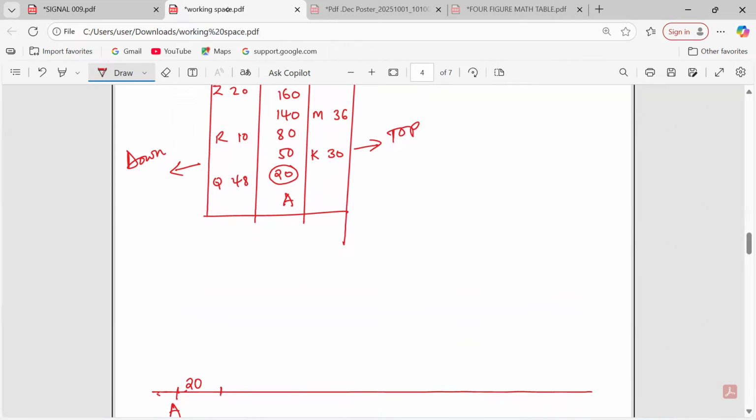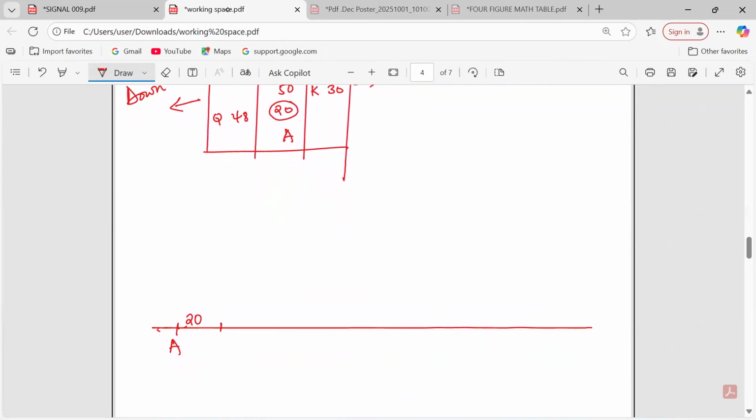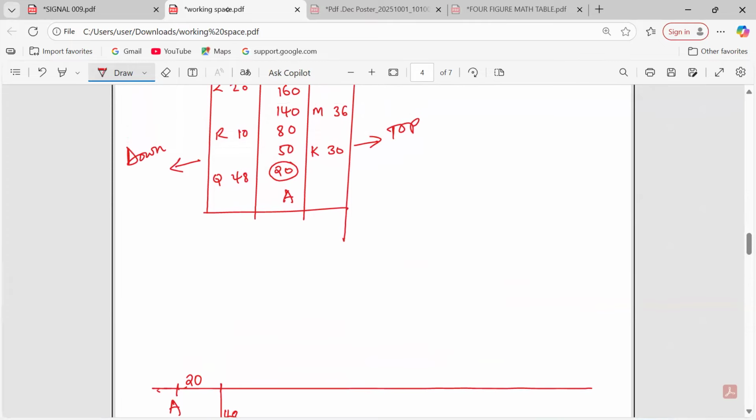Therefore, we are supposed to move 48 downwards to Q. So just 48, an offset, 48 meters to Q.